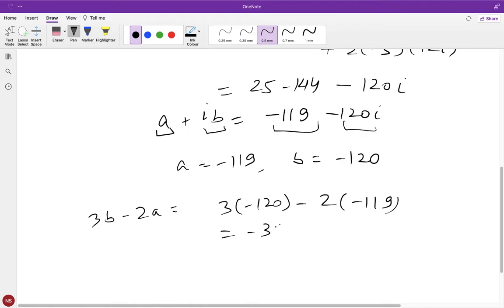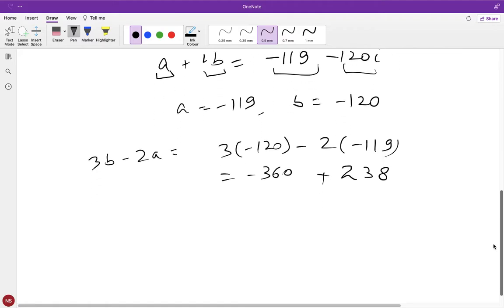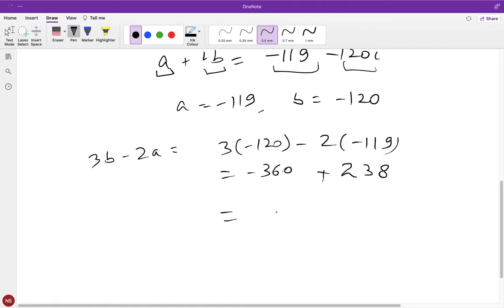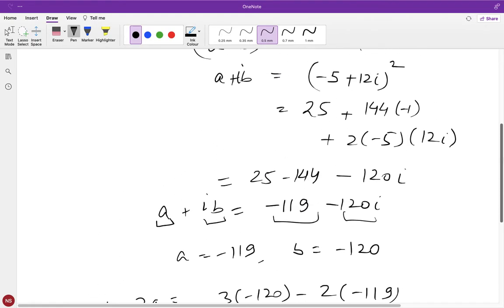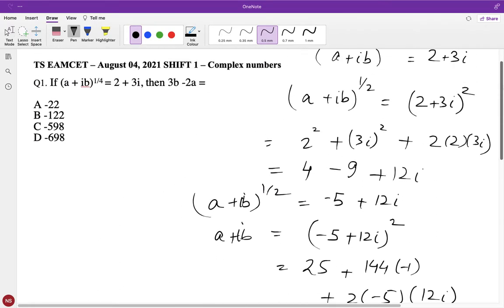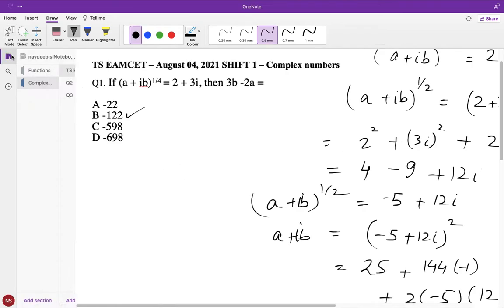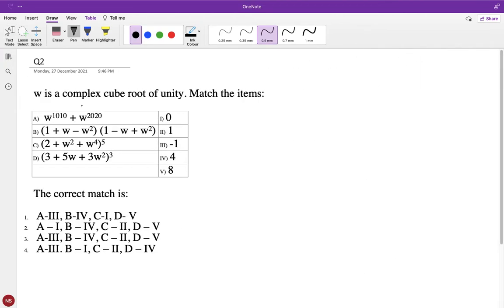So this is minus 360 plus 238. So what is this? 140 minus 122, I guess. Yeah, so this is the correct option, right? So very easy problem. Shouldn't be an issue to solve this.